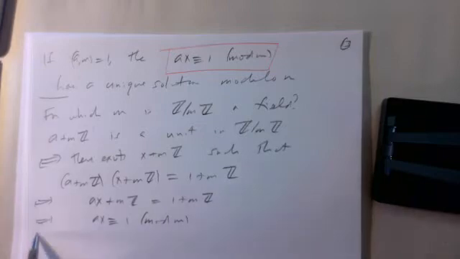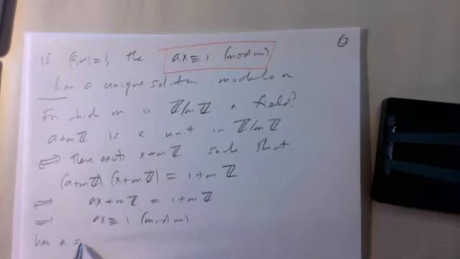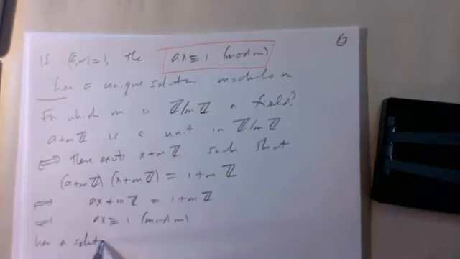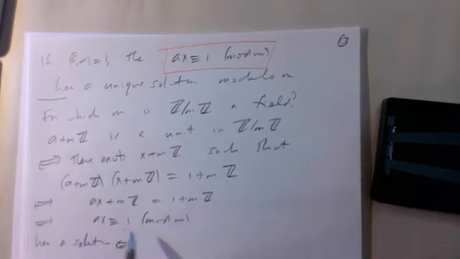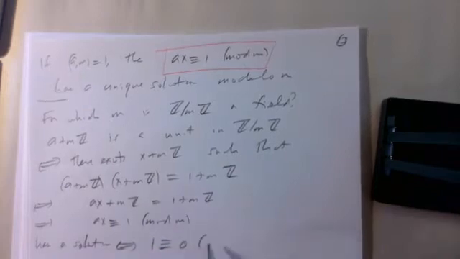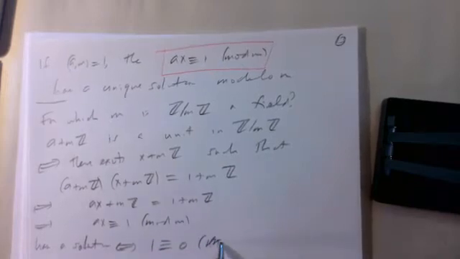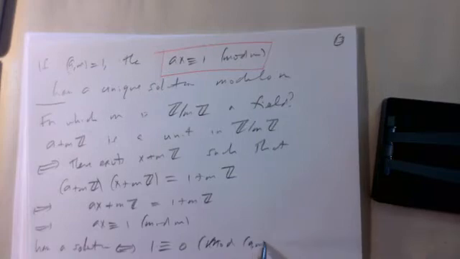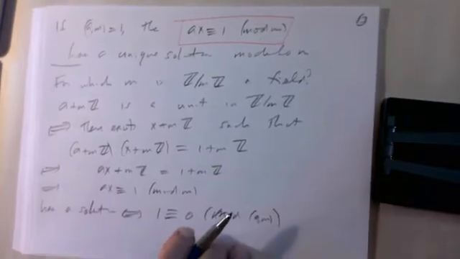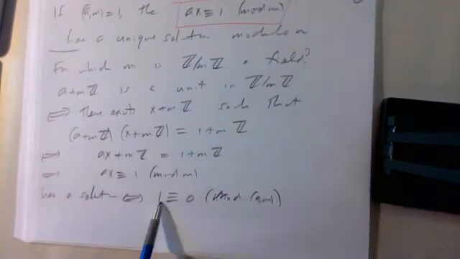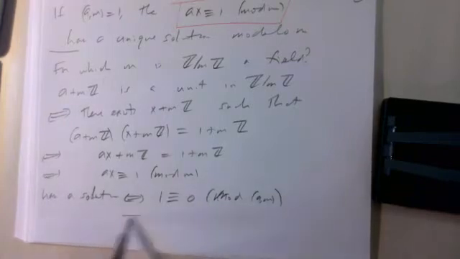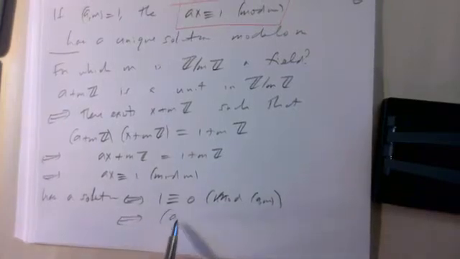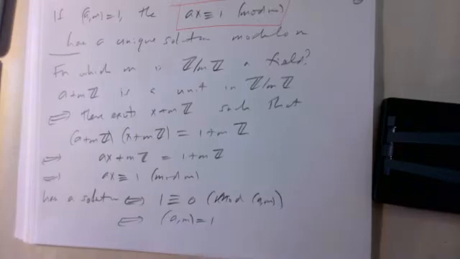And this has a solution if and only if this number 1 is congruent to 0 modulo the greatest common divisor of A and M. But the only positive divisor of 1 is 1. So if and only if A and M are relatively prime.